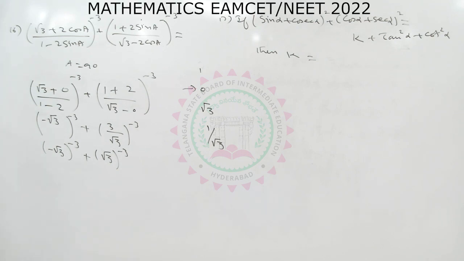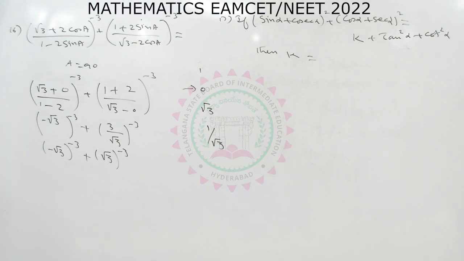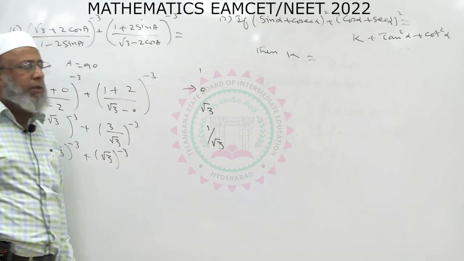Right? What is the question? Options are 9, 7, 5, 3.